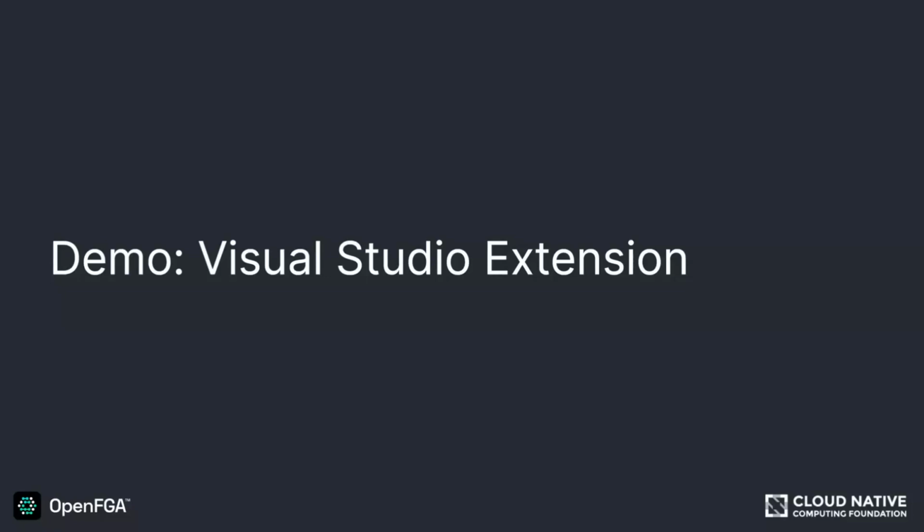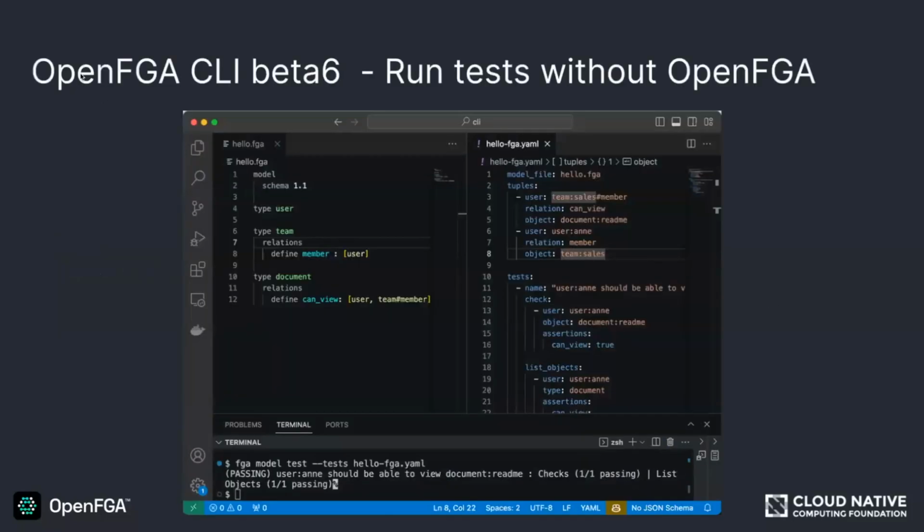That's good. Let's go to the next thing. This is the feature I mentioned about testing models. This is already released in the FGA CLI. The way this works is that we have a model on my left, and then a YAML file on the right that points to that model. It says model file hello FGA, which is the one I have on the other panel.